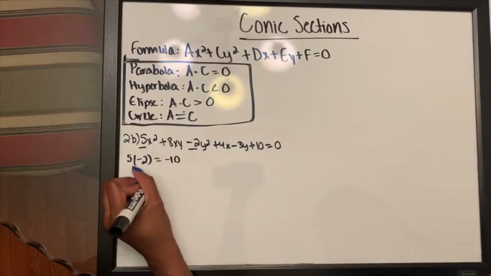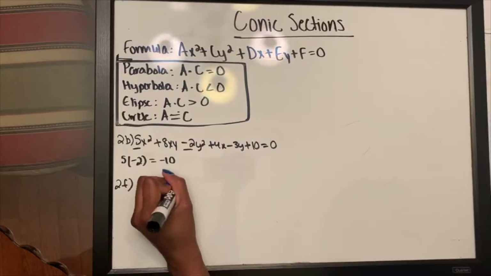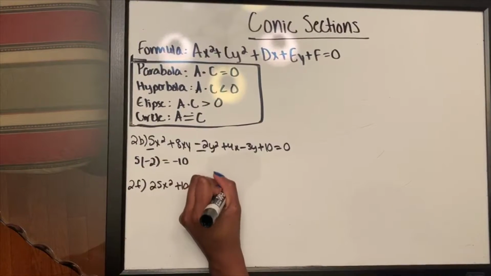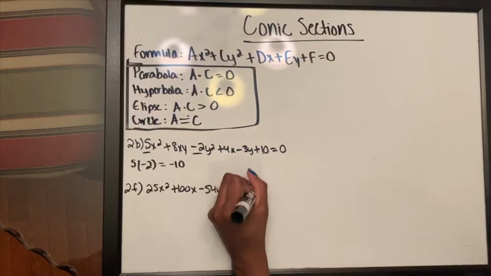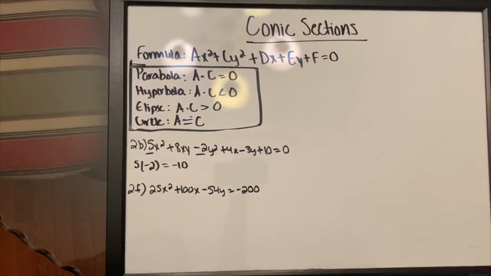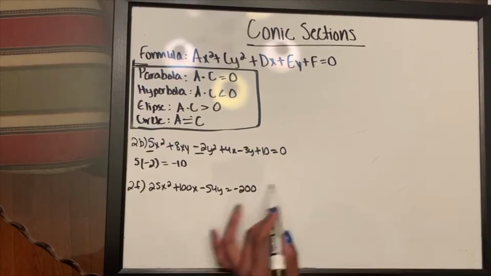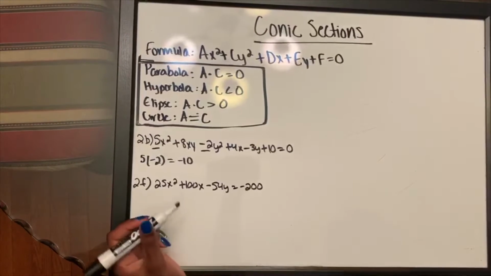So let me write this down. It would be 25x squared plus 100x minus 54y equals -200. First off, you can tell that this is not similar to the formula.